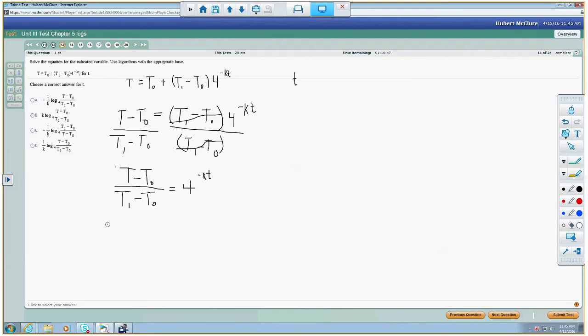That's going to give me log of all of that stuff equals log of 4 to the negative kt power. Now what am I going to do?